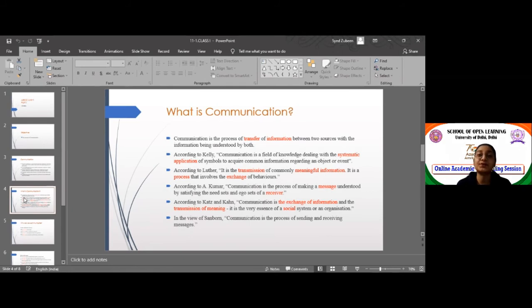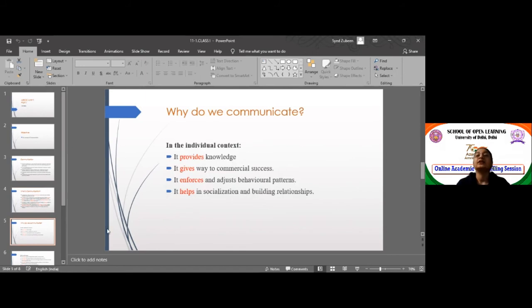Then we looked at a few definitions of communication, where the keywords were transmission, transfer of information, meaningful information that is to be shared, exchange of behavior, a message that is sent by the sender and received by the receiver. It is a social system that we follow while we are communicating.